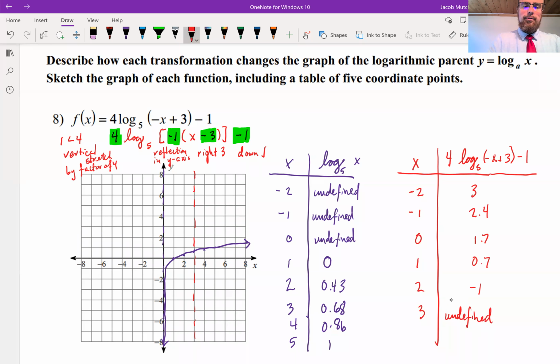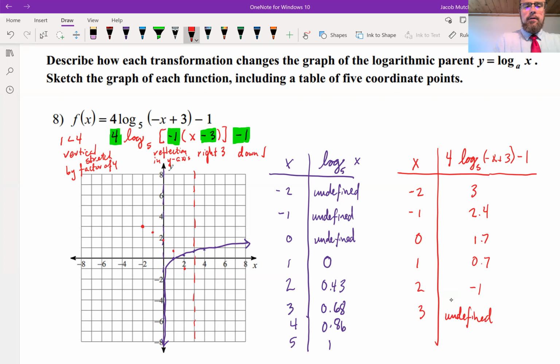So negative 2, 3. Negative 1 is 2.4. You can see the stretch here. It's even more pronounced than I sketched in my initial drawing. So at 0, we're at 1.7. 1, we're at 0.7, and then 2, we're at negative 1.